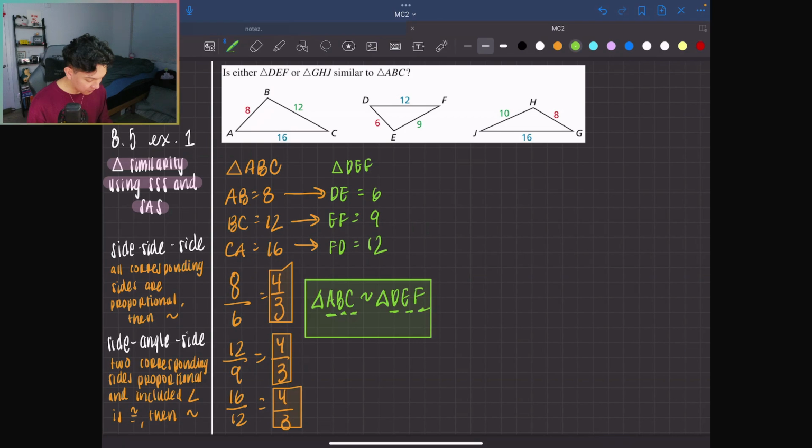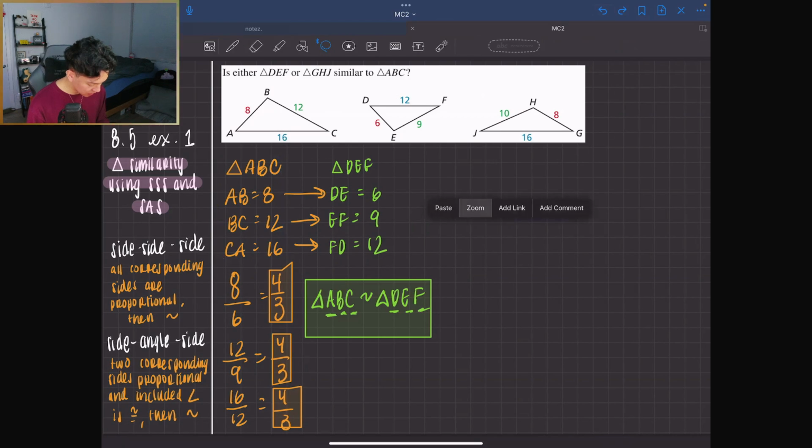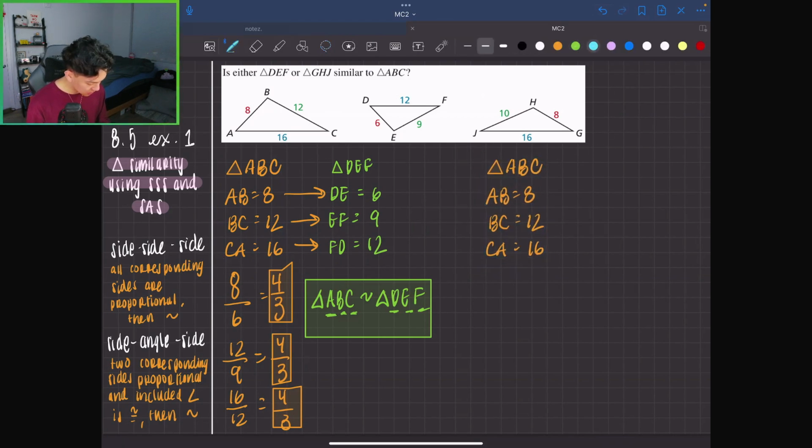So far, so good. Triangle DEF is proportional. Let's see if this is also going to be proportional to triangle GHJ. Again, I'm just going to copy this over here. Awesome. And let's compare this now to triangle GHJ.